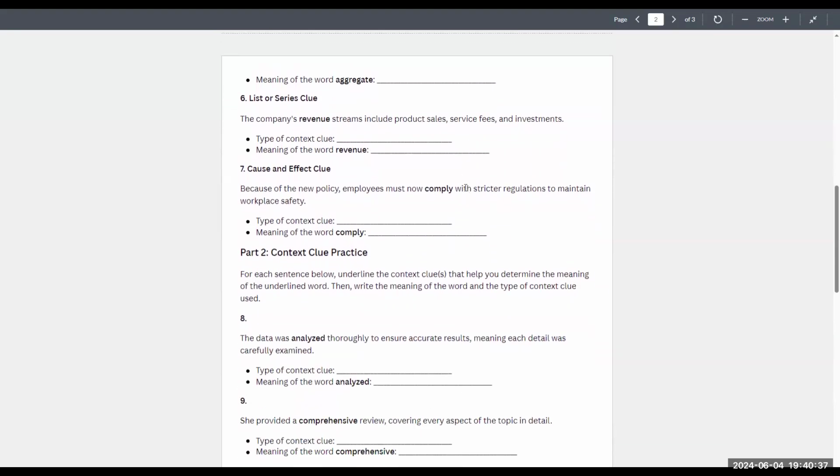The company's revenue stream. So again, if you're watching online, you can pause the video and continue. The company's revenue streams include product sales, services, and investment. What is a revenue?